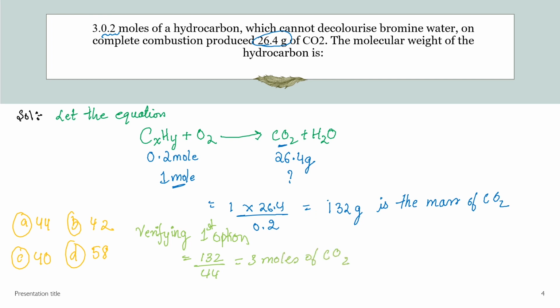So if this is the case for the first option, your equation will become C3H plus O2 gives rise to 3CO2 plus H2. So the correct option is 44.